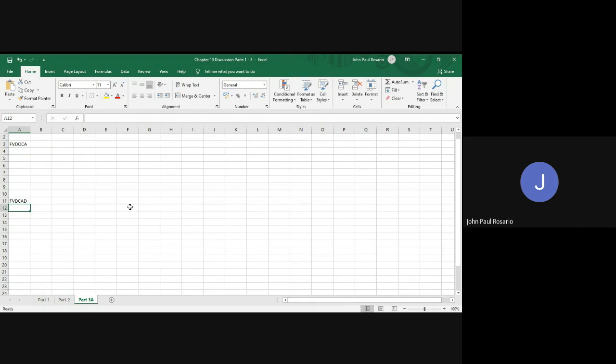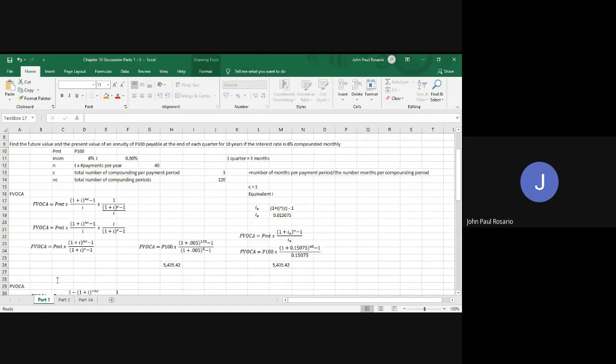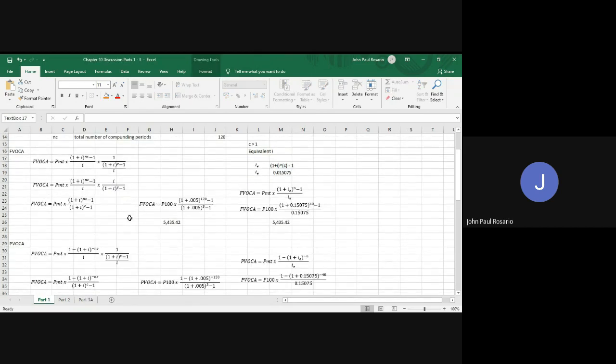This is the same with our future value of ordinary complex annuity and with our future value of complex annuity due. So with that, let's just copy this formula.